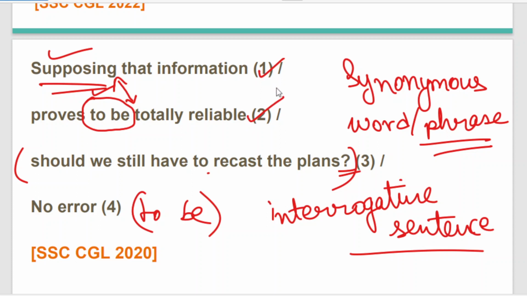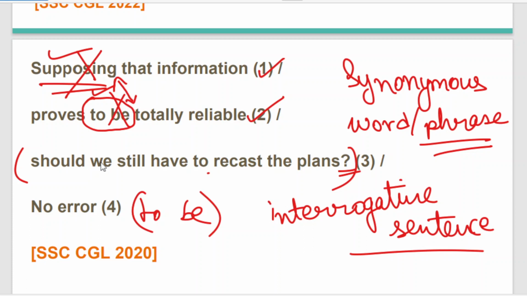Why? If you mark option 1, then you are actually striking out the word "supposing." And when you give option 2 as the incorrect part, you are actually striking off "to be." You have to choose either one, not both.